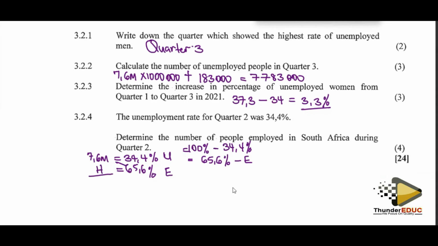So we shall cross multiply. This multiplies with that, whereby you get 65.6 times 7.6 million. Remember this is a million, I want the value, equals to this letter here times that other number there.